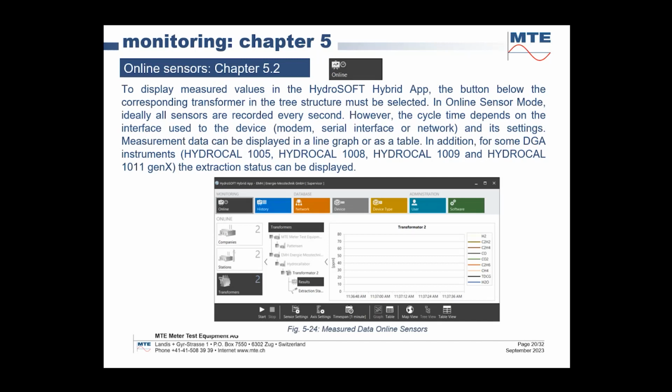It's to display measuring values in the software, and you can start direct measurements. And what is also very nice for the HYDROCAL 1005, 8, and 9, you also get the extraction status, and it's also very useful for the users because they know exactly what the actual status of the HYDROCAL is.